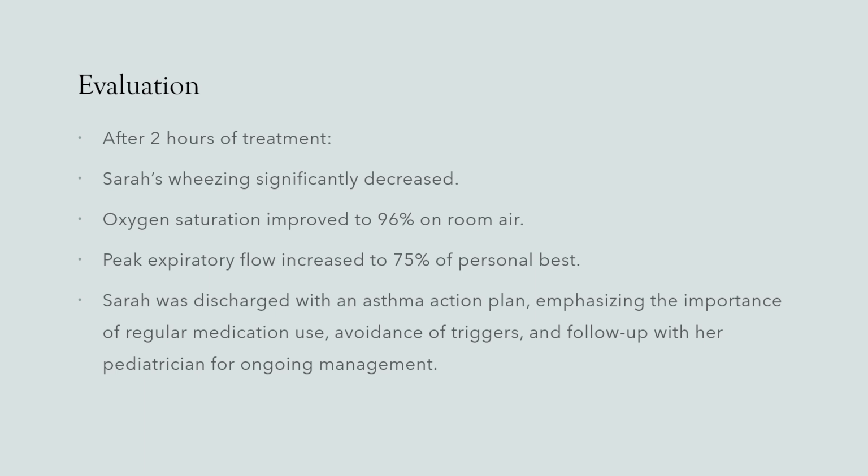So she's discharged with the asthma action plan. We're going to emphasize importance of regular medication use, avoidance of triggers, and you do want them to follow up with the pediatrician in a day or two just to see how things are going. Did that relieve things, or are we continuing to have more triggers?